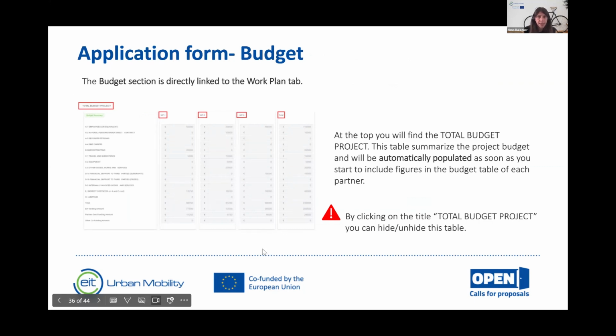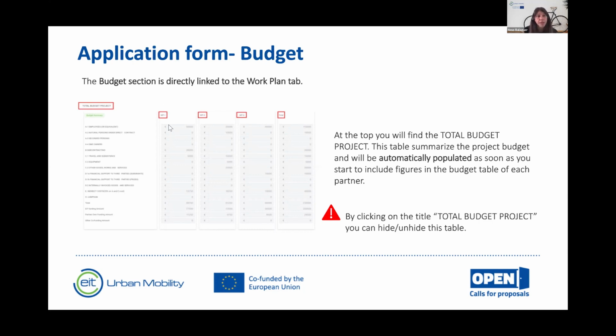This is a total project budget table that summarizes all the information from the budget tables that you will have below, partner per partner. So on the top you have this that is automatically populated by the system. You don't have to edit it.